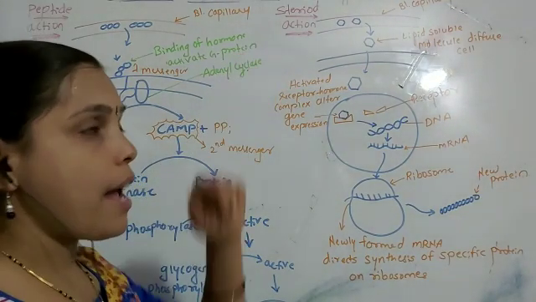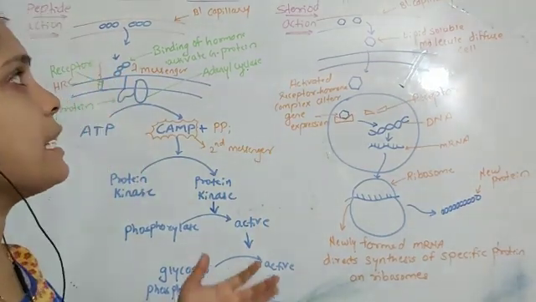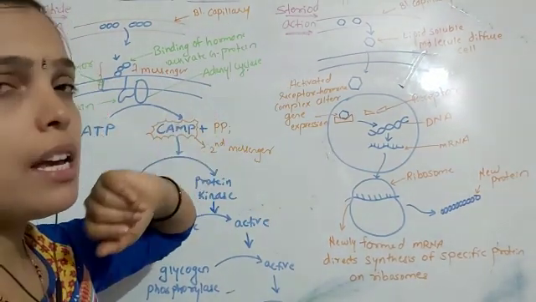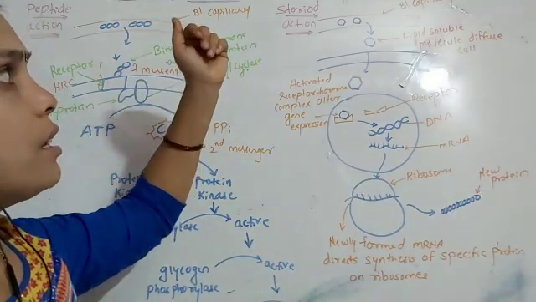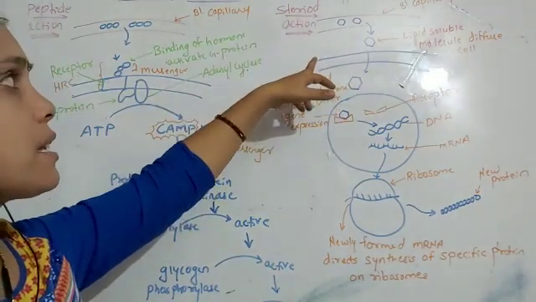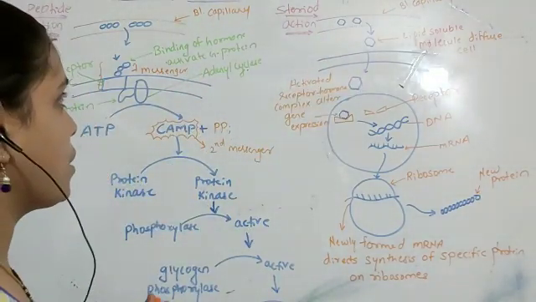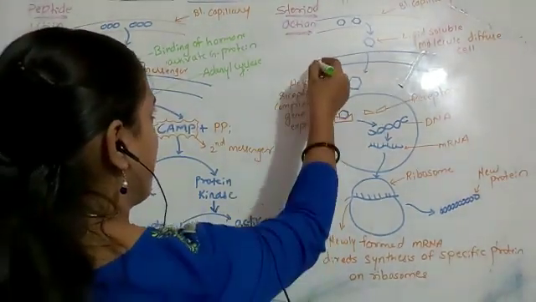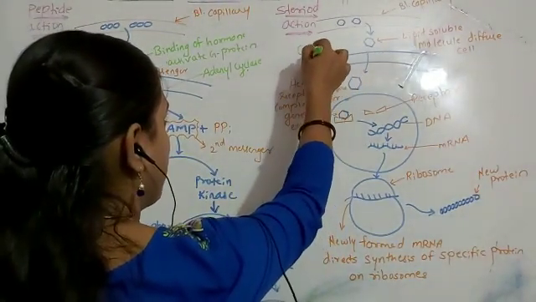Whereas in the steroid action, once again the hormones are present in the blood capillary and squeeze out here. They are lipid soluble, so definitely they pass through the cell membrane. That is called the cell membrane.